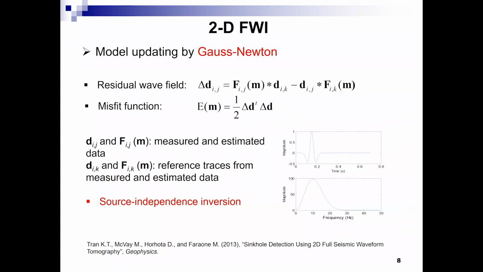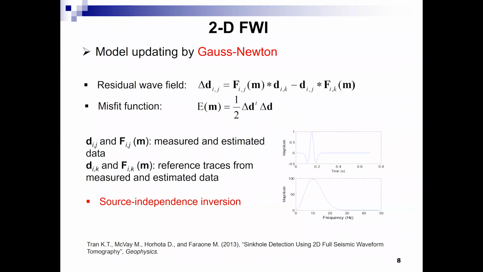So here's the trick. We take the simulated data from the wave equation and convolve it with one channel, which we call the reference channel, from the measured data. It's similar to the source. So you get synthetic data convolved with one channel from the measured data. And then you get the measured data for all the channels convolved with one channel from the synthetic data.